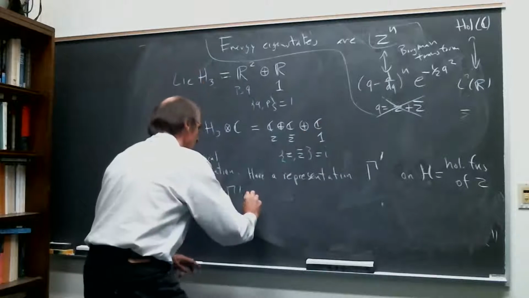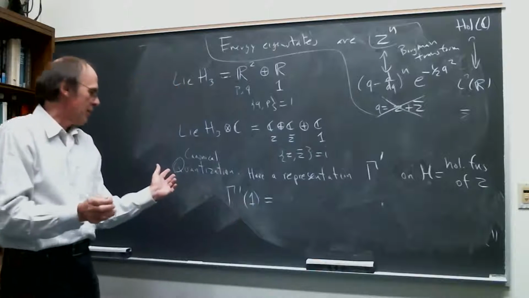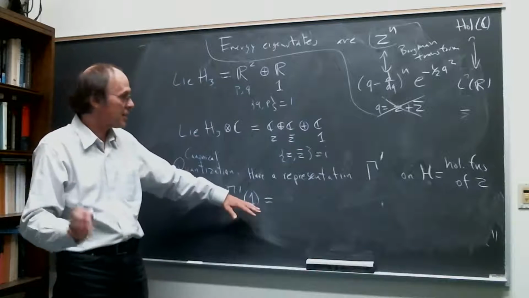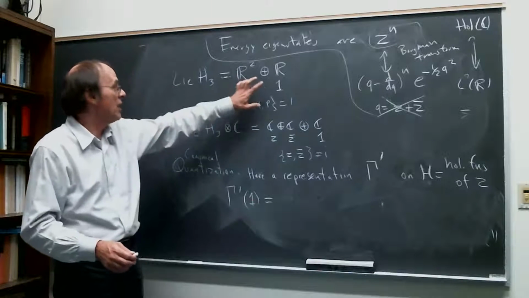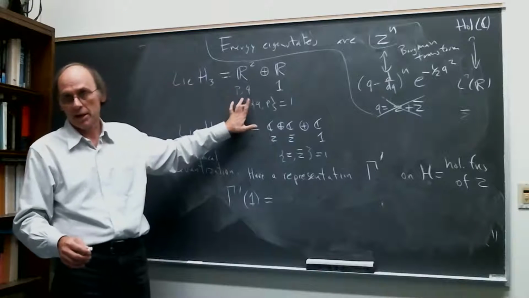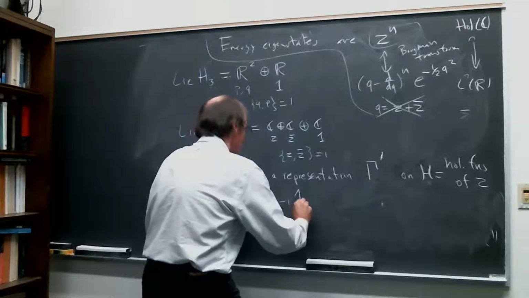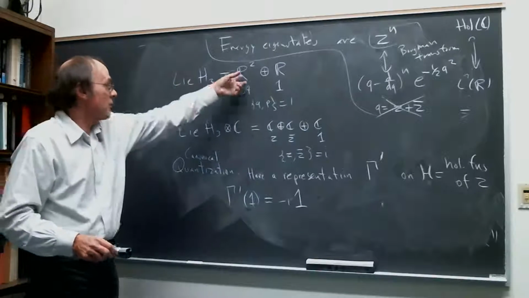You want to retrieve the same representation, the Schrodinger representation that you had before, which was unitary on the real things here. So on the one, it should just be minus I times identity, just the same as in the real case.